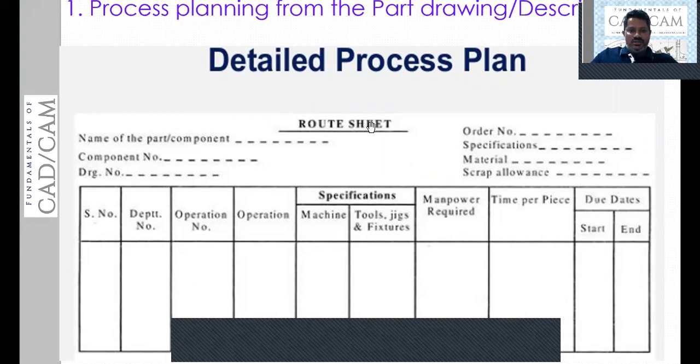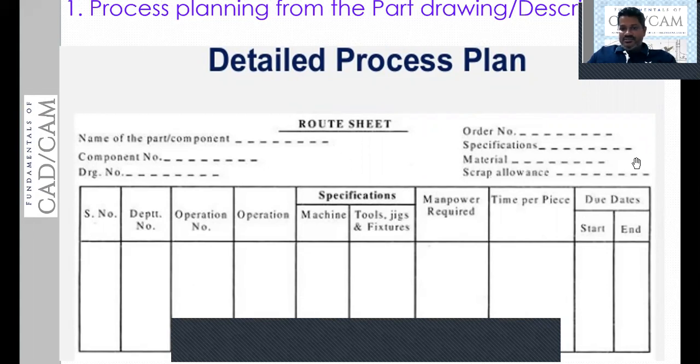This can also be called a route sheet, in which all the operations are documented: name of the part, component number, then drawing number. If you are referring to any drawing, we need to code that drawing number here. Then we need to document the order number, from where you got the order, for whom you are manufacturing; that number needs to be quoted here.